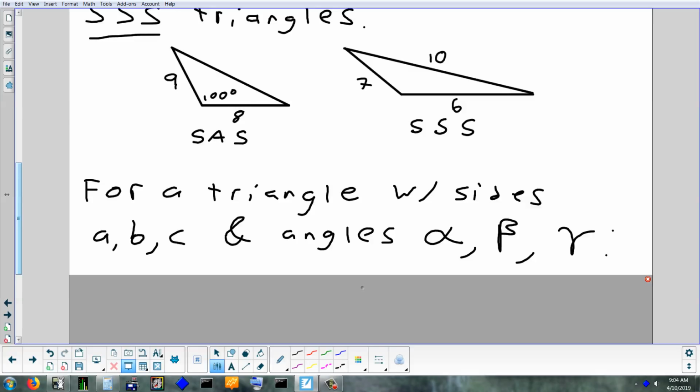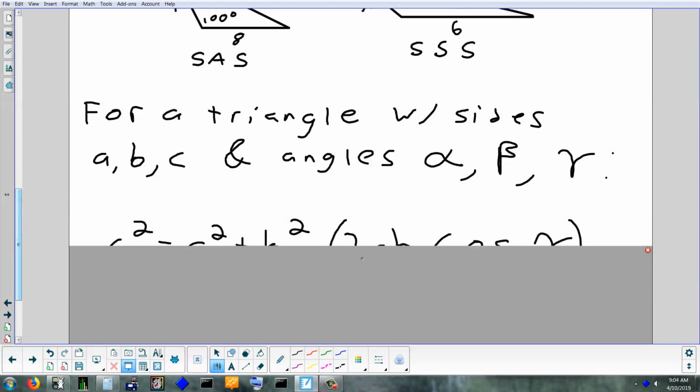Or if you decided to call the sides D, E, and F, well then I could write the formula three more ways. You can write it as many ways as you want. I just want you to understand the pattern in the formula, not the actual letters in it. But for the pattern I'm going to show you, I'll do it with A, B, C for sides, and alpha, beta, gamma for angles.